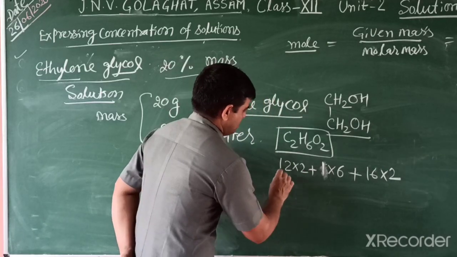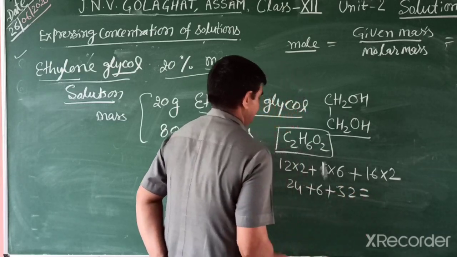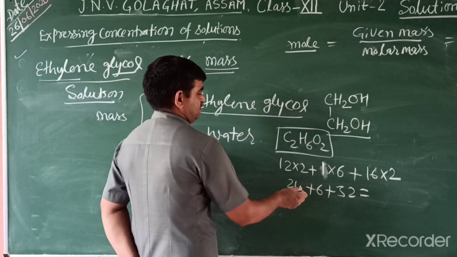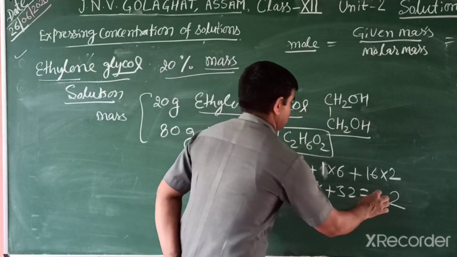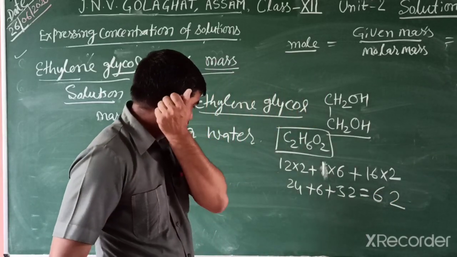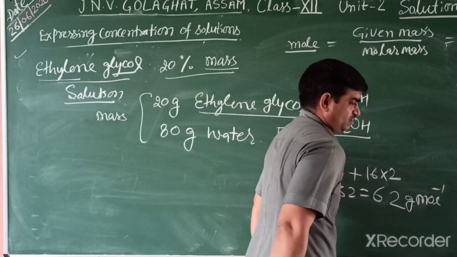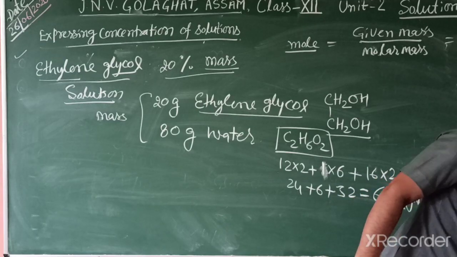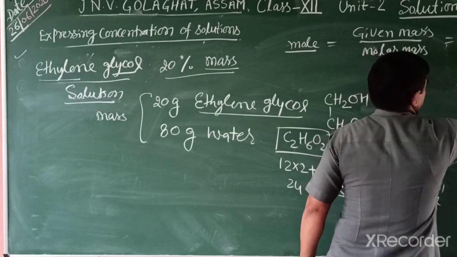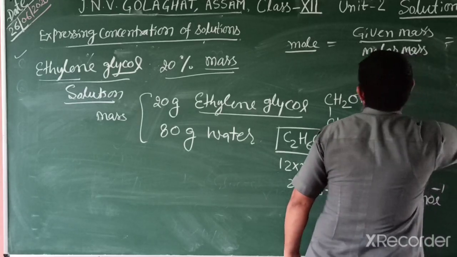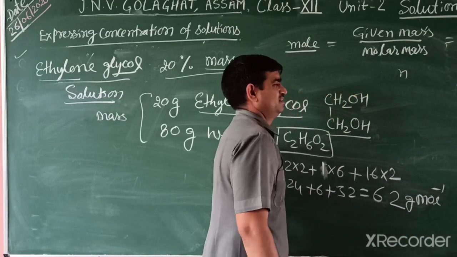So overall when we combine, 24 plus 6 plus 32, it is 62 gram mole inverse. 62 gram mole inverse is its molar mass. So we take 62 gram mole inverse. Then you can easily identify the mole of ethylene glycol by dividing.